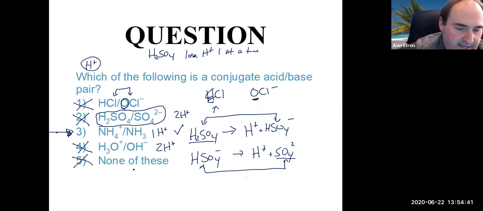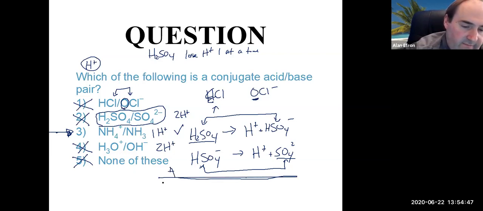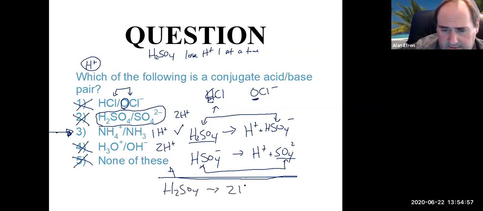And sometimes we think about it losing both hydrogens all at once because we oftentimes will look at just the overall reaction that's there. And if we add that overall reaction together, what we get is our H2SO4 going to our two H pluses and our sulfate. And again, this will cancel and this will cancel as well.